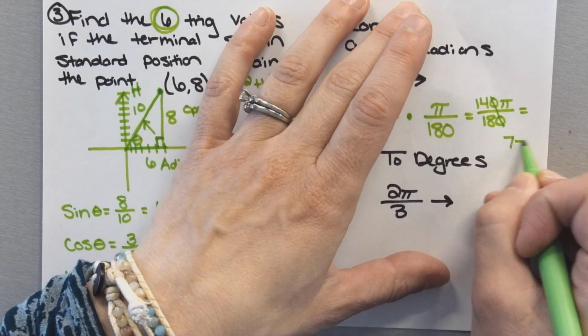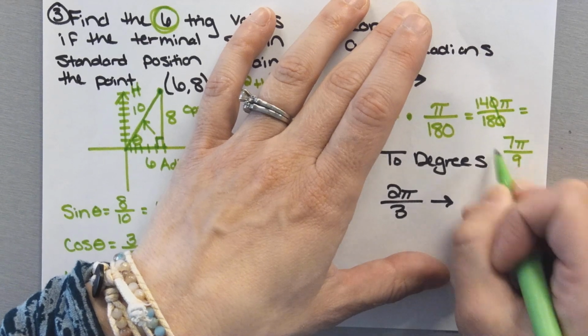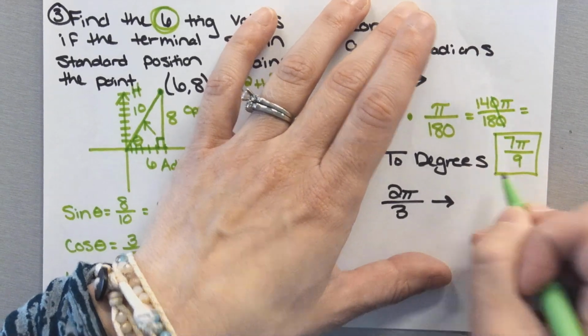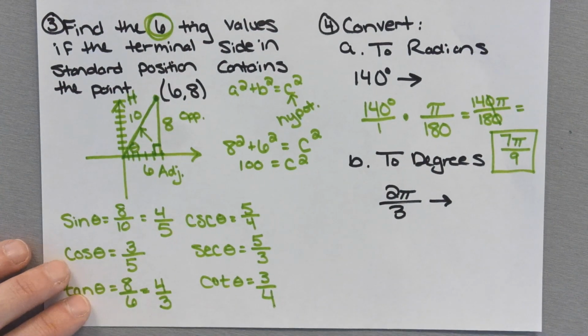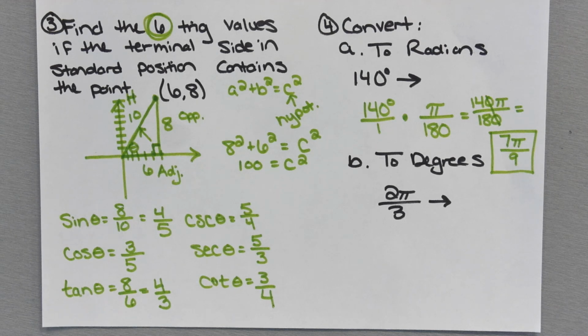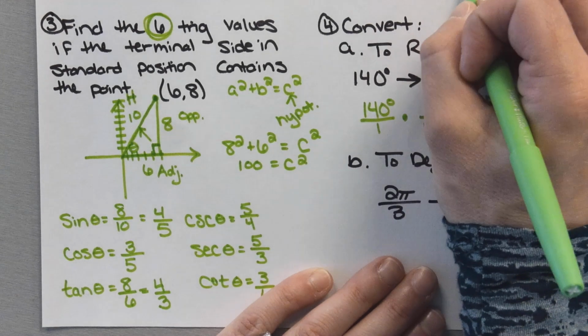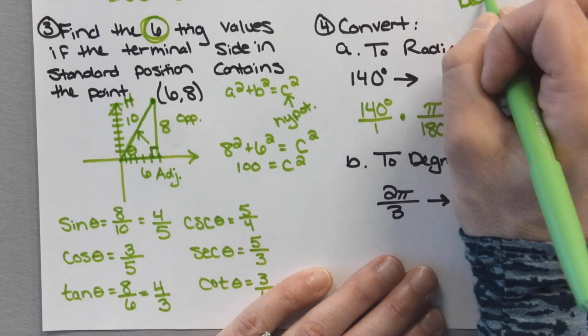So I get 7 pi over 9. Again, no decimals. And I prefer improper fractions if that's where we land. We didn't here, but again, no decimals.